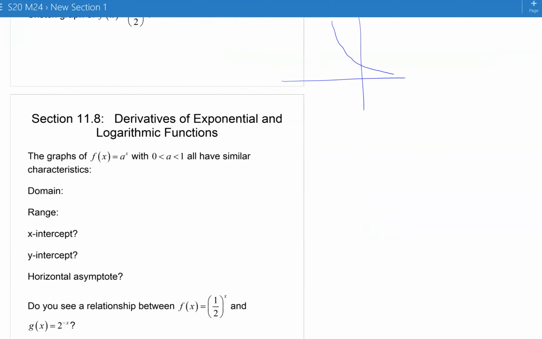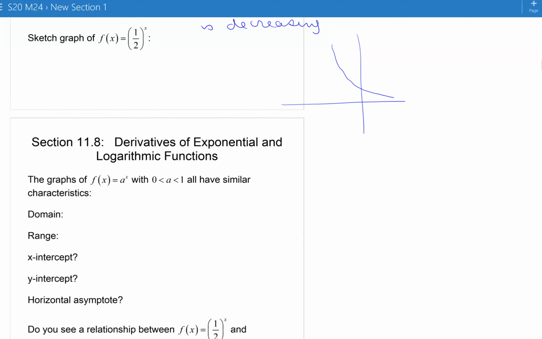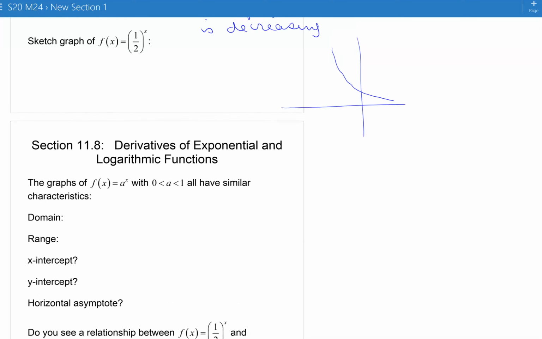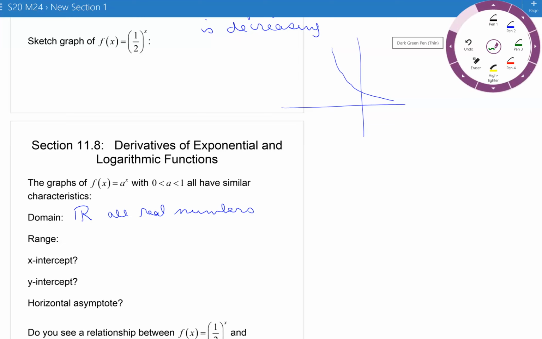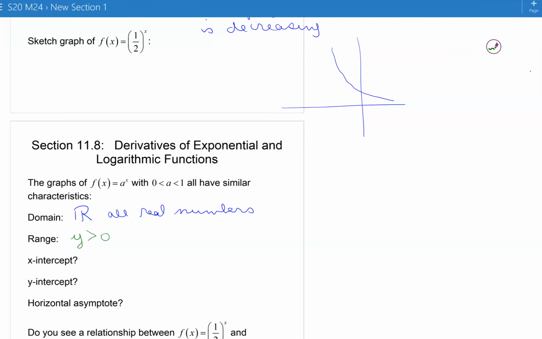So the graphs of a to the x with 0 less than a less than 1, so if a is any number between 0 and 1, your base, you still get your domain of all real numbers. So this is the blackboard bold notation for all real numbers. You still get that the range is positive numbers only. So in interval notation, that would be 0 to infinity, not including 0.